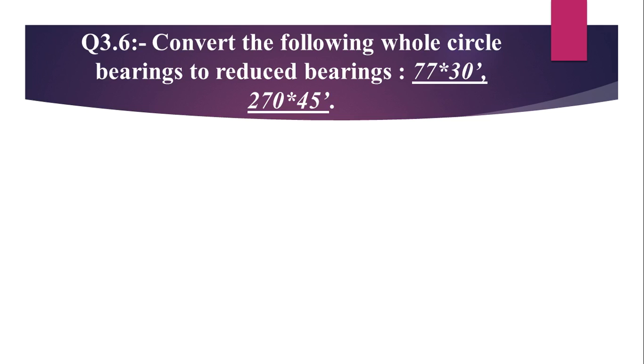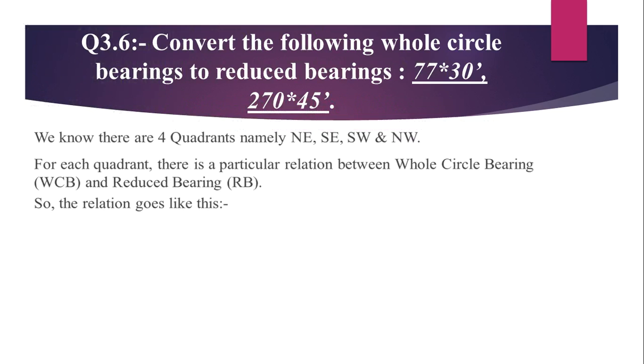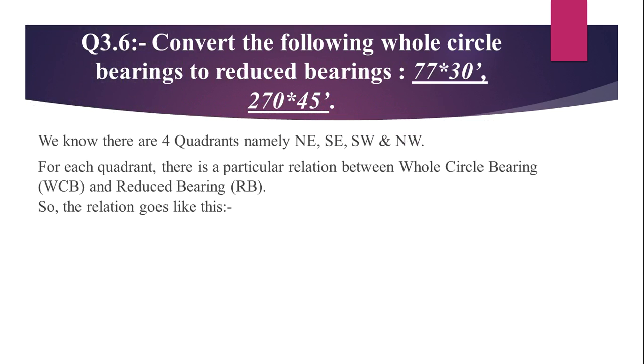Question 3.6. Convert the following whole circle bearings to reduced bearings. First 77 degree 30 minutes, next 270 degrees 45 minutes. We know there are four quadrants, namely northeast, southeast, southwest and northwest.